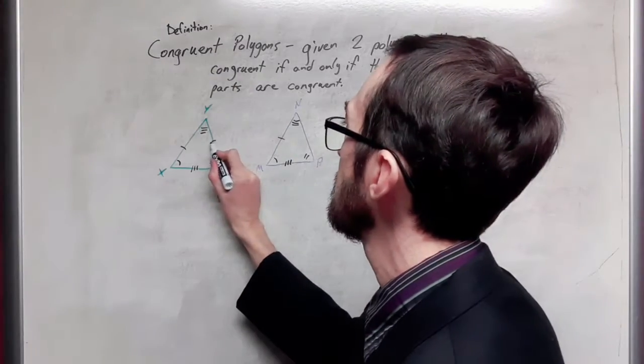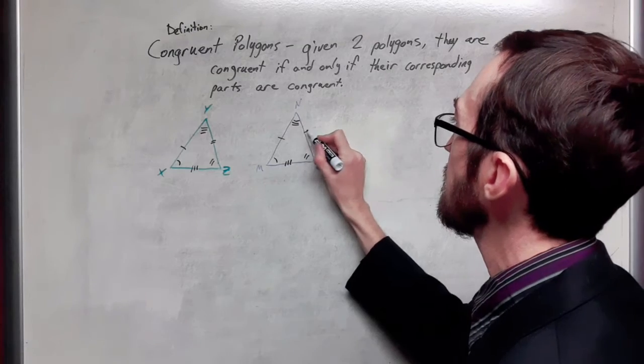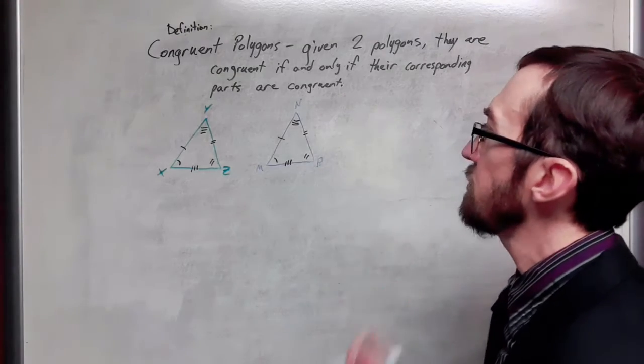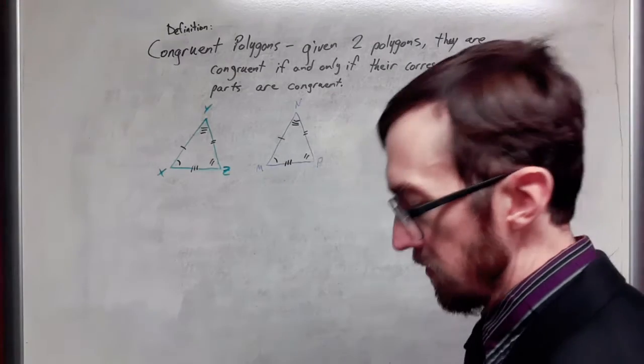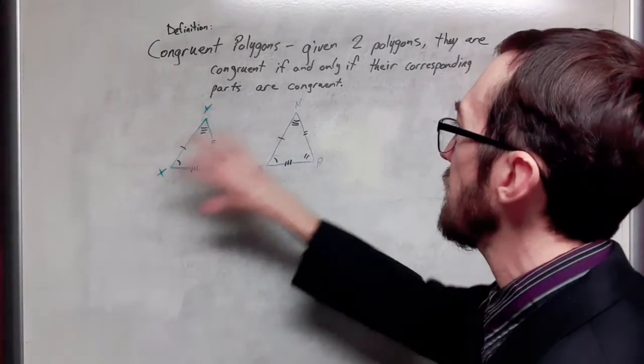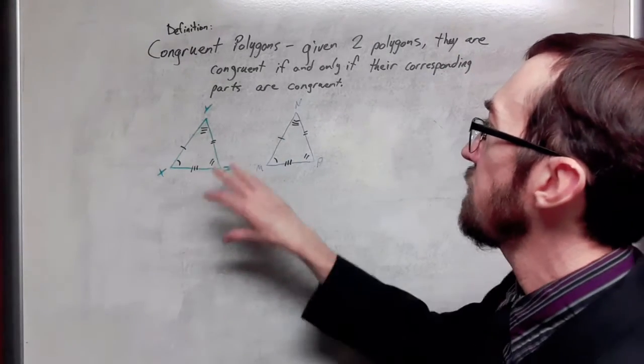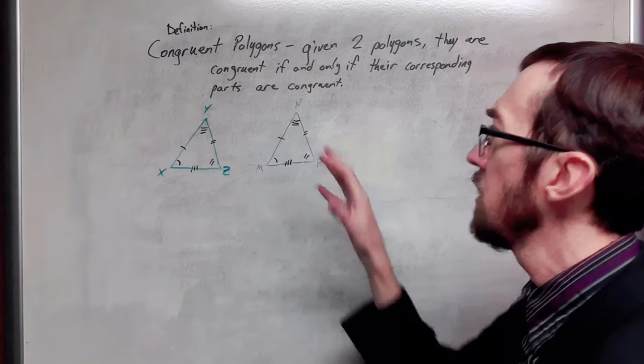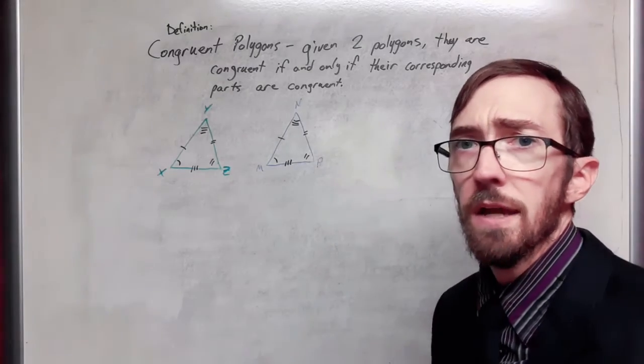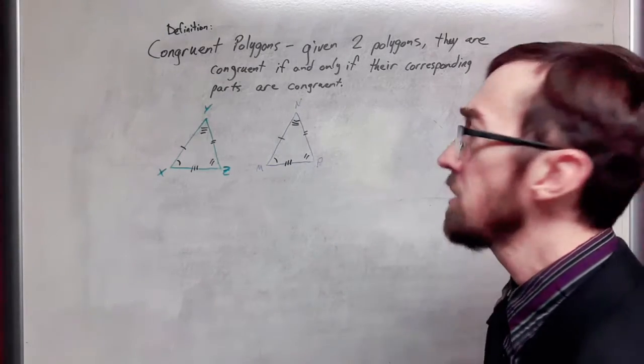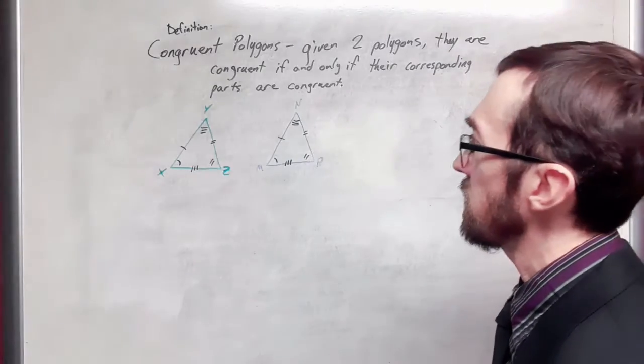And lastly, YZ and NP should be corresponding and congruent as well. Once we've identified that my corresponding parts are congruent, we know that these are in fact congruent polygons. In this case, they're triangles.